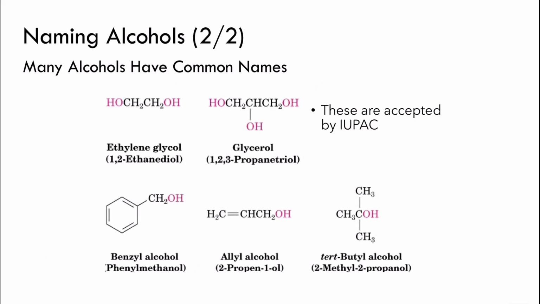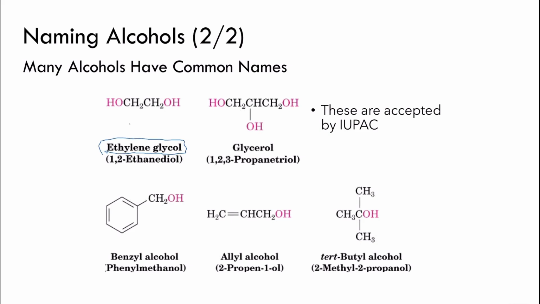Again, many alcohols have common names, like we talked about with alkyl halides. I'm sure you are very familiar with many of these names, even if you don't exactly know how they look or what their structures are. The most common ones that you are going to deal with in your study generally are ethylene glycol.